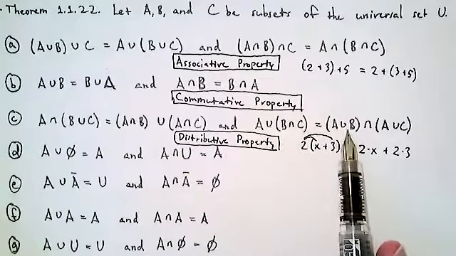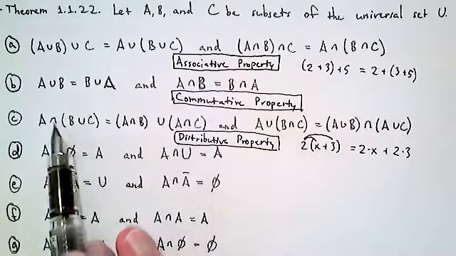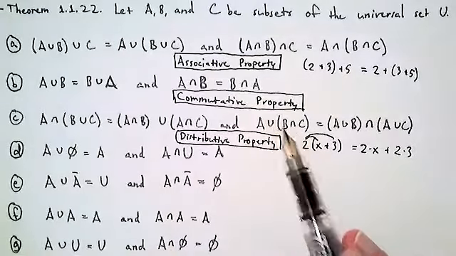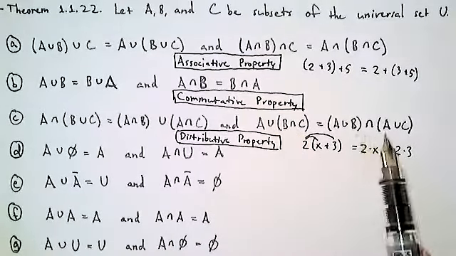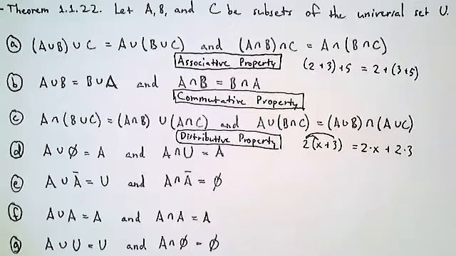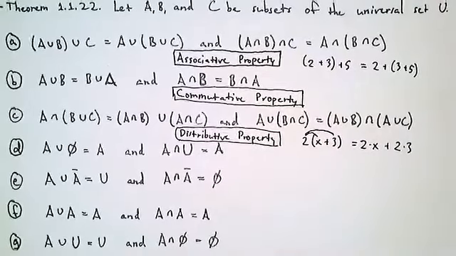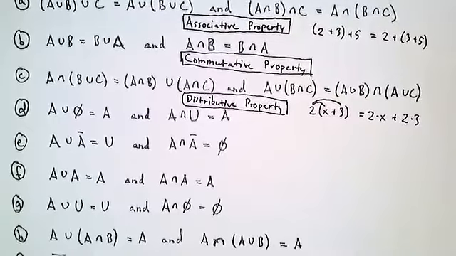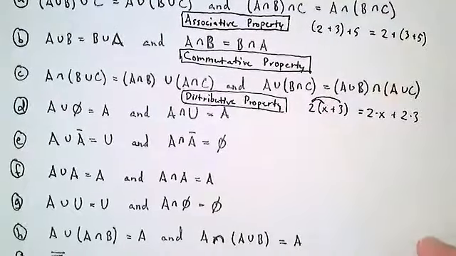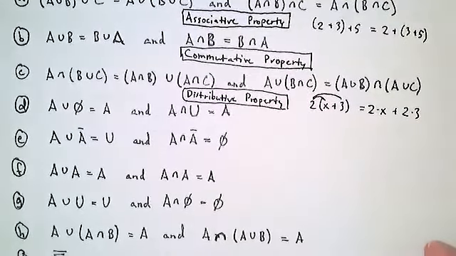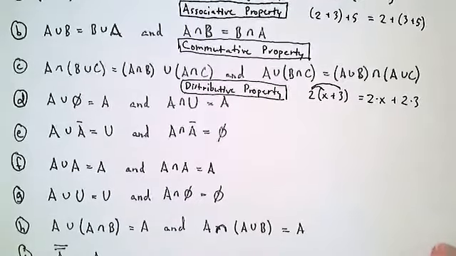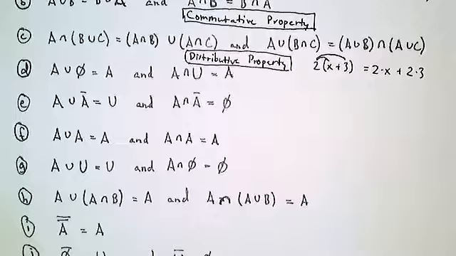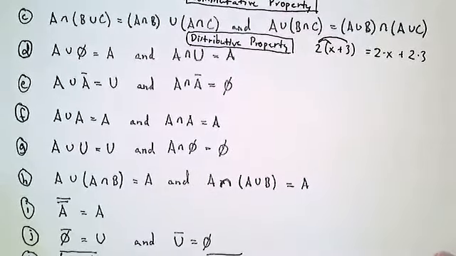And then I'll let you take a look at this one too. We've just interchanged. Here we have an intersection and a union. In there I have a union and an intersection, but it works the same way. And the rest of these properties, except maybe one or two, don't really have these big names. They're not really super closely related to things that you know before. But they're good to think about if you take a minute.